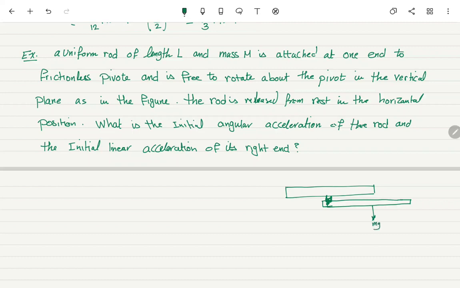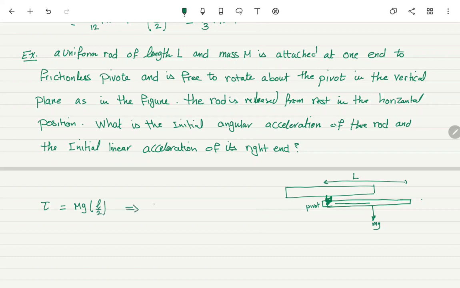This is mg, and this is the pivot part, and this whole thing is L. Now to find the initial angular acceleration of the rod, find the torque. Torque is equal to R cross F. Now the arm R is this one here, and F is perpendicular. In this case, the force is mg, and R is equal to L over 2.